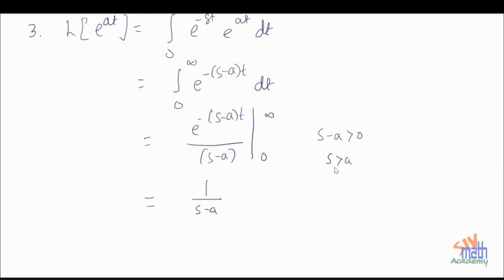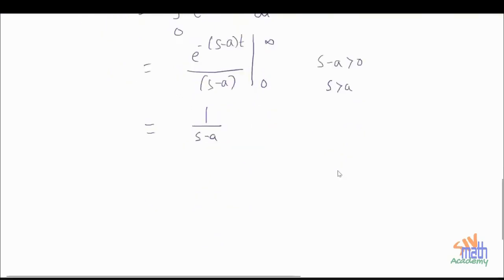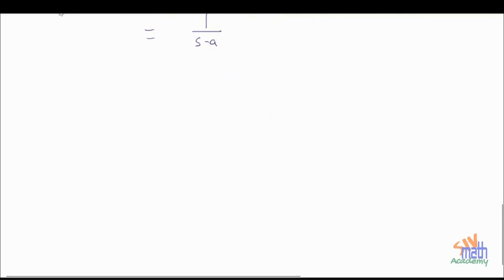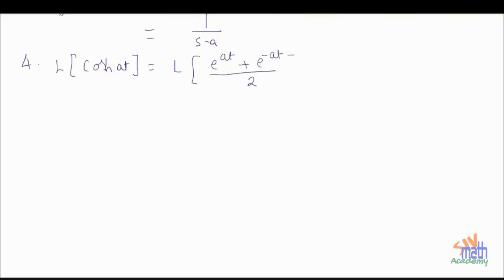Similarly, you can find out the fourth one, that is L of cosh at. For cosh at, you can write it as L of (e power at plus e power minus at) upon 2.